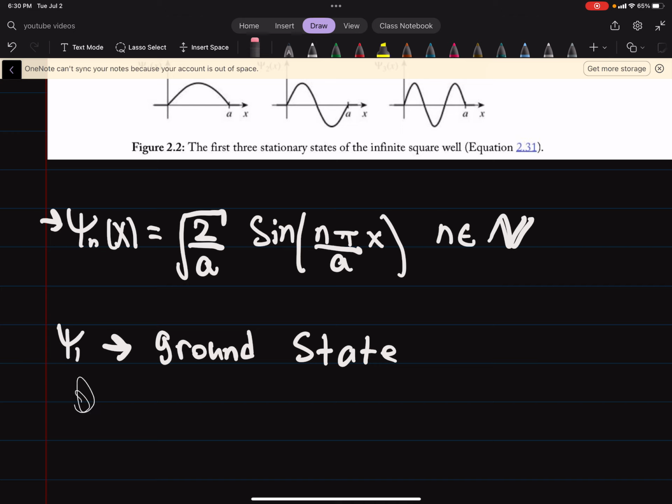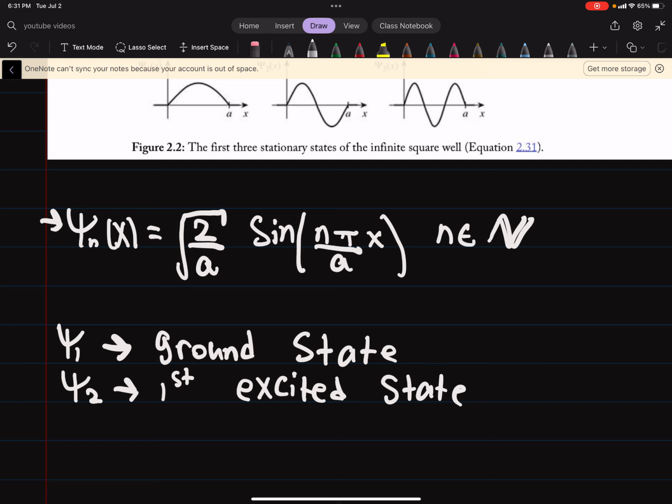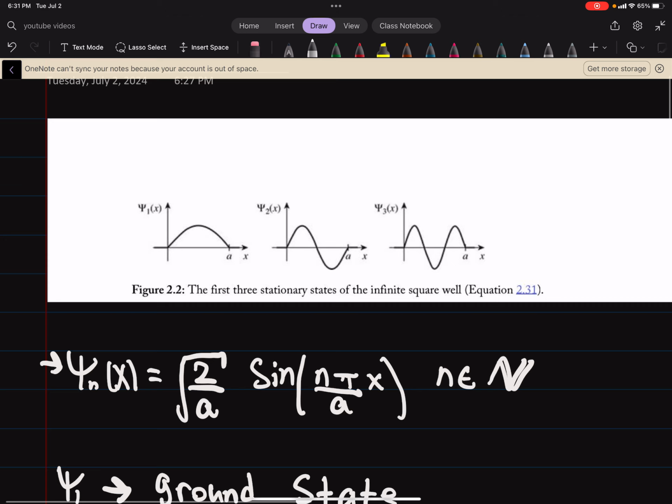So that is not our ground state. This is our ground state. And then psi sub 2 is called our first excited state. And psi sub 3 would be your second excited state, so on and so forth. So just kind of wanted to get some of that terminology out of the way.